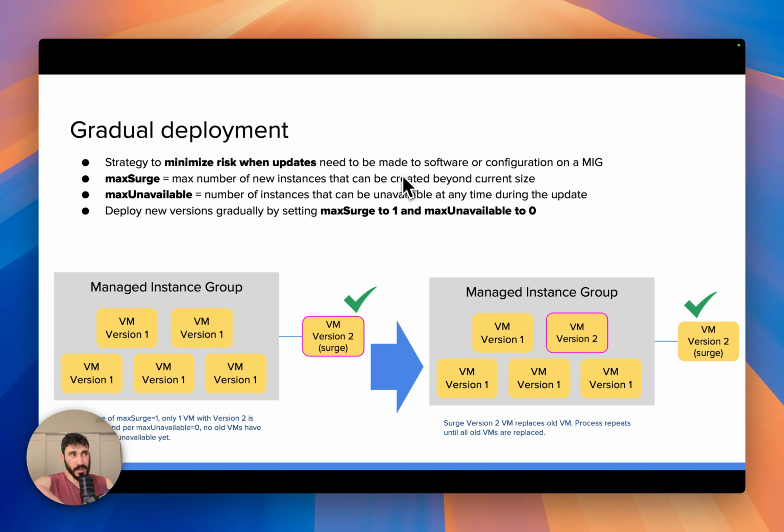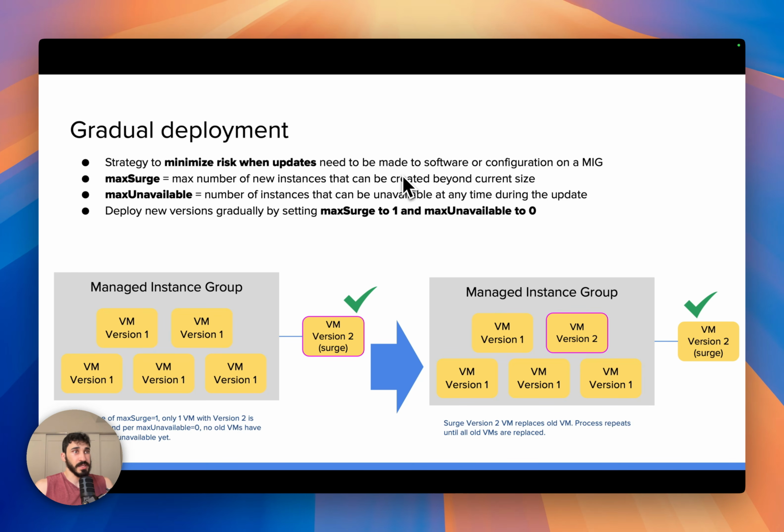So looking at the diagram here, we start with a managed instance group where all the instances are running version 1 of our application, right? And let's say we want to update with version 2. So the way this works here is the update process begins by creating one new instance with version 2, which has not joined our managed instance group yet.